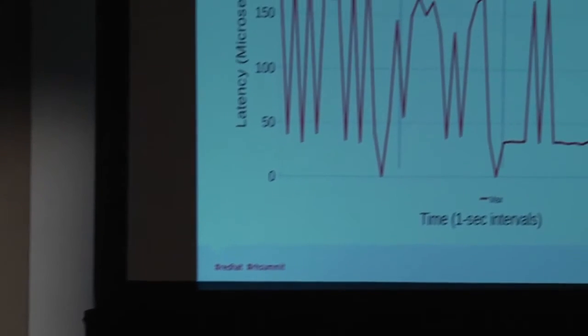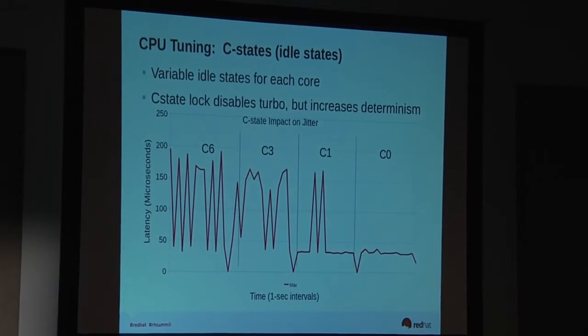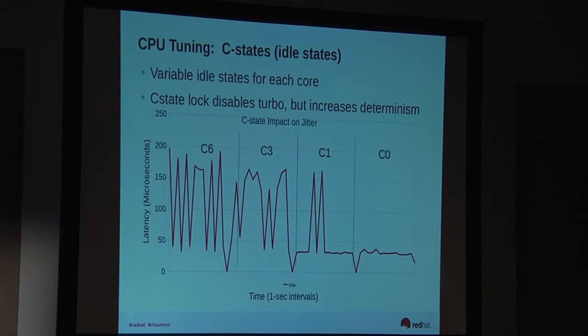This is actually a Westmere system, again, an internal latency benchmark. The numbers around the 200 mic line towards the top of the graph are the C states that I've locked the processors into. So I ran this latency benchmark and I varied the C states and I just looked at graph the determinism over 15-second periods.